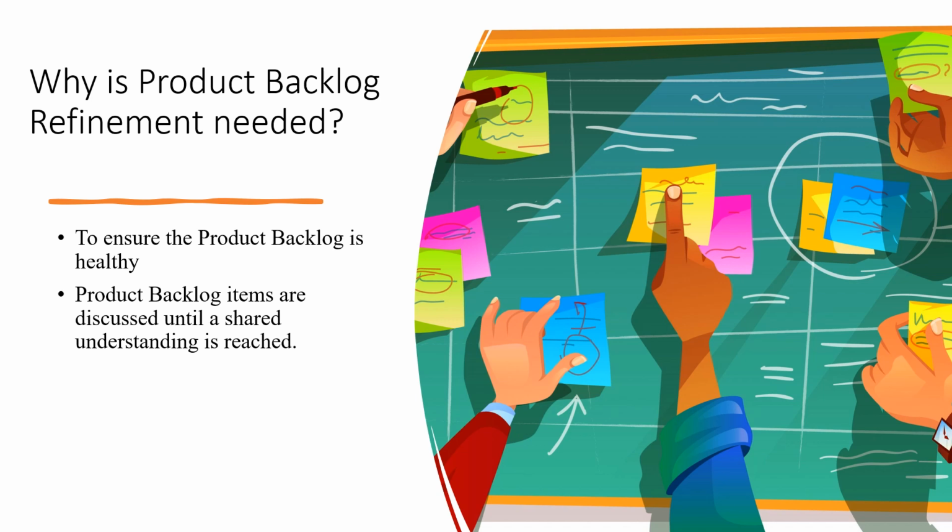If you predict the risk ahead, it will be very easy for us to do our sprint, right? That is the reason product backlog items are discussed very clearly until a shared understanding is reached by the developers. That is why refinement is an essential product management activity to have a successful Scrum team.